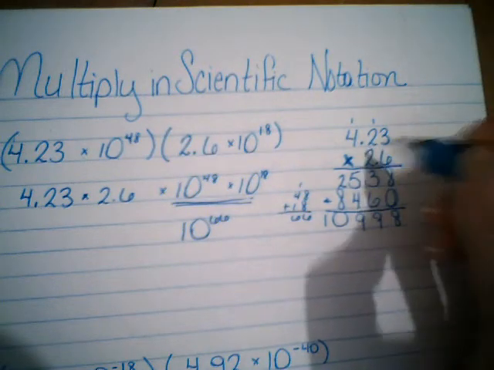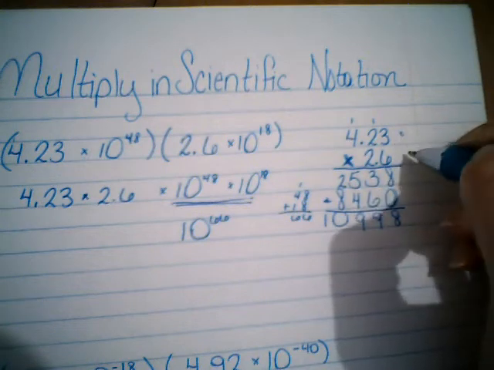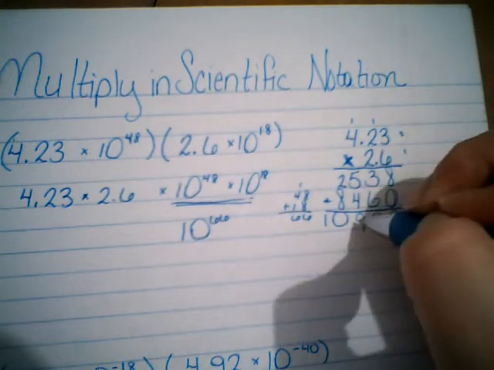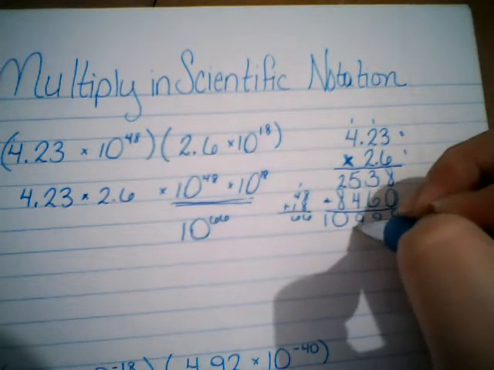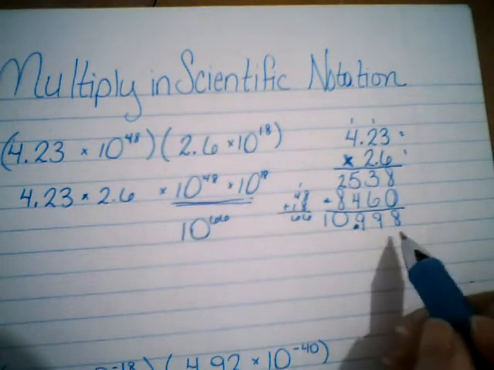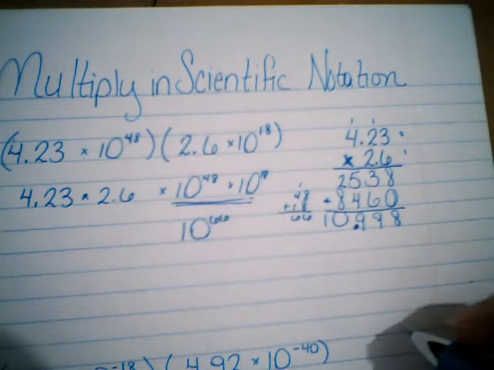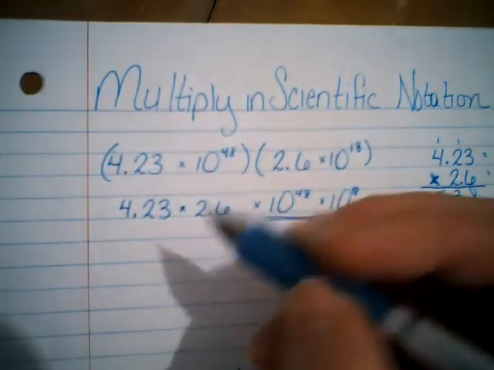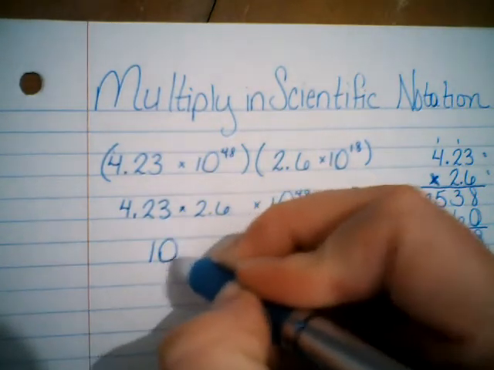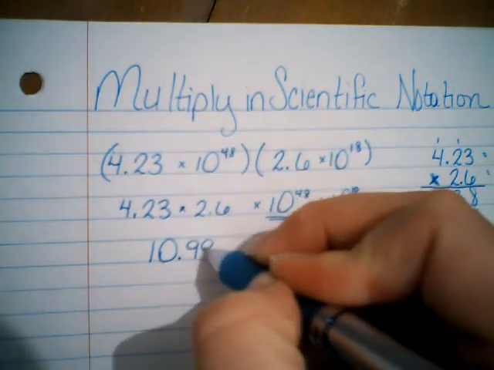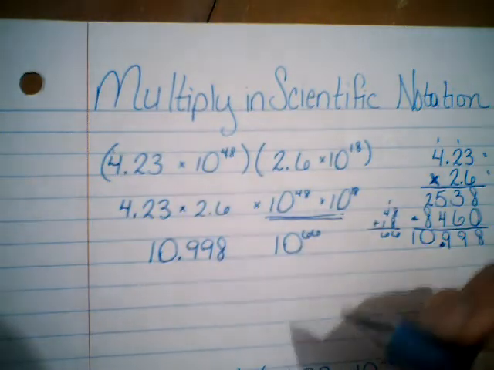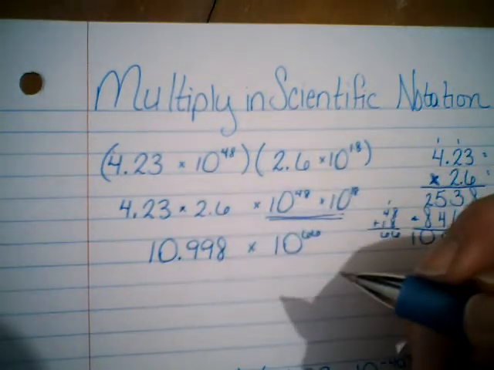I ignored these decimals. Now's the time to use them. I have 2 decimal places there, 1 there for a total of 3. So 1, 2, 3 decimal places. So I have 3 spots after my decimal. I'm going to write my multiplier as 10 and 998 thousandths times 10 to the 66th.